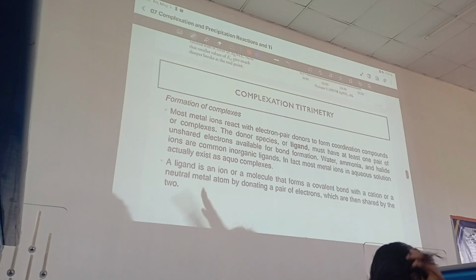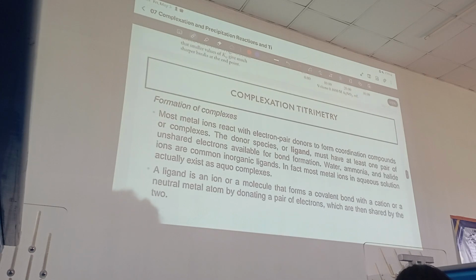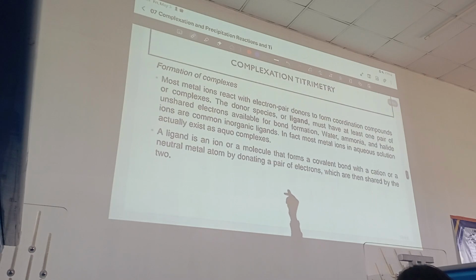Question, before we proceed to complexation titration. One hour only. Okay. Question. We are at slide 39 out of 68.